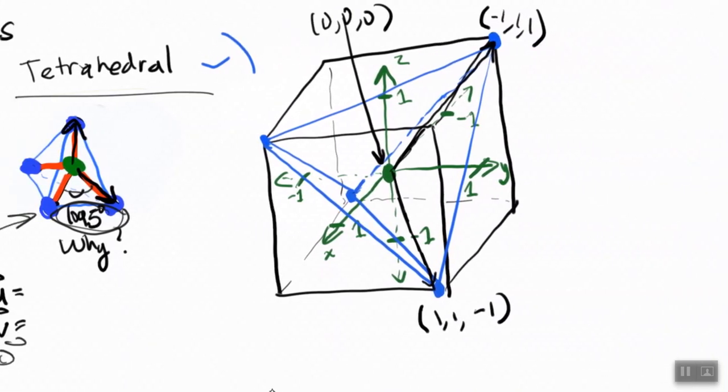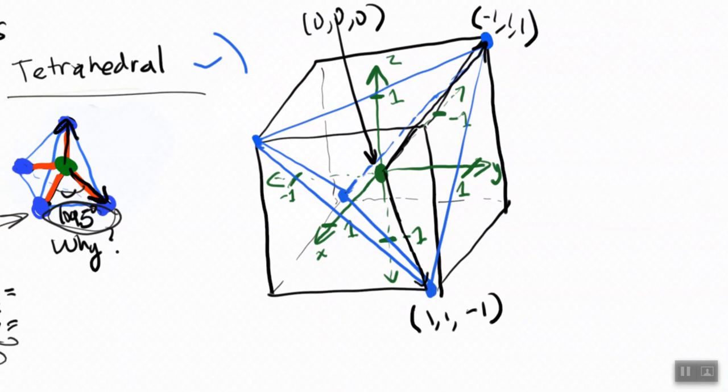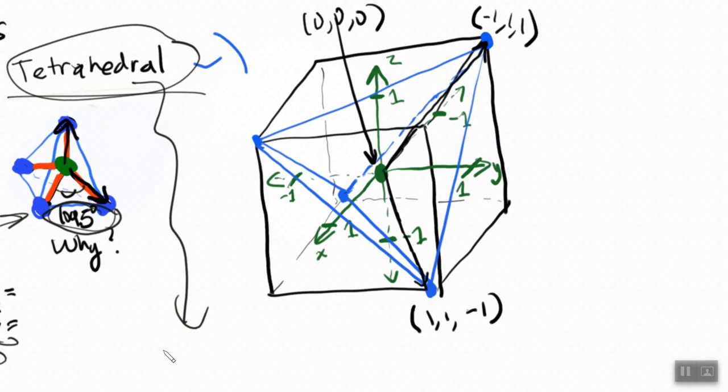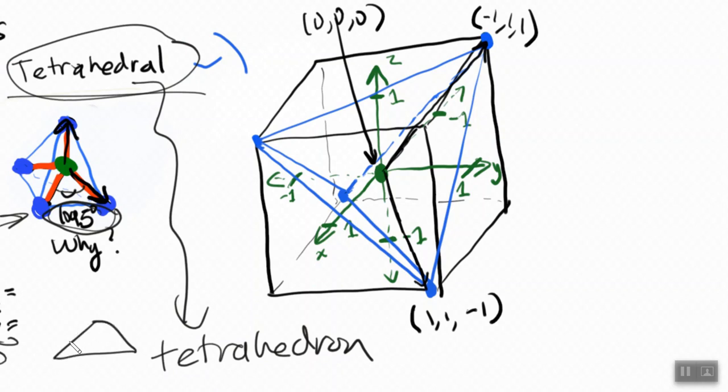angle is 109.5 degrees. So, to start off, we have to know what a tetrahedron is, which is what the word tetrahedral is based off of. Now, a tetrahedron is basically a triangular pyramid, but all the sides are going to be triangles.